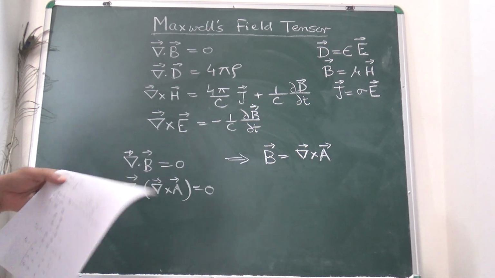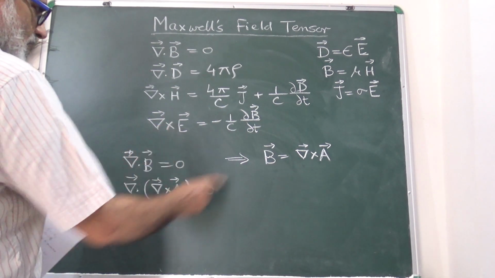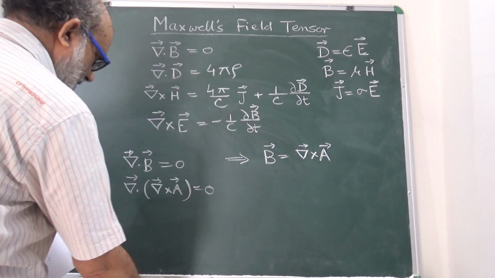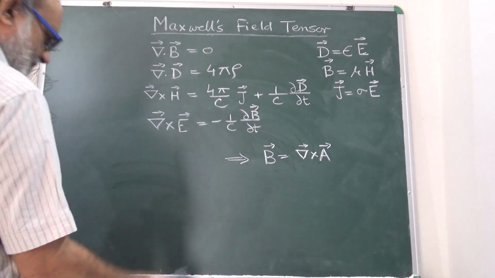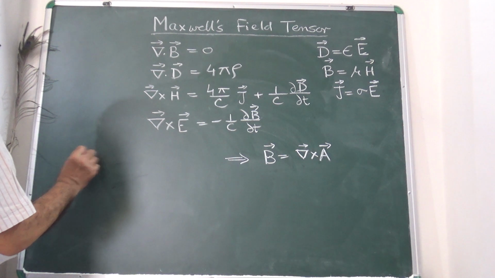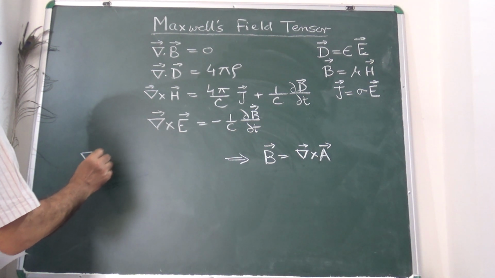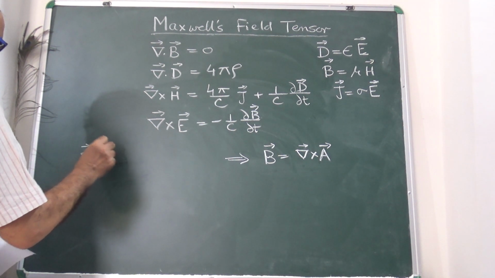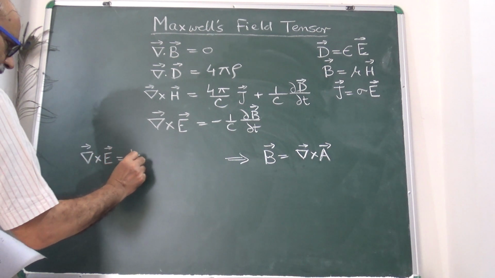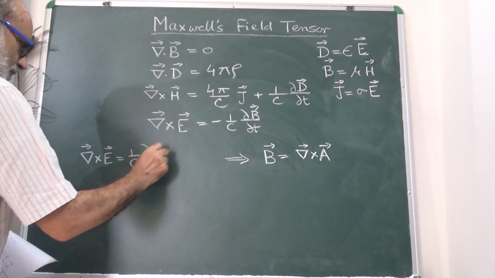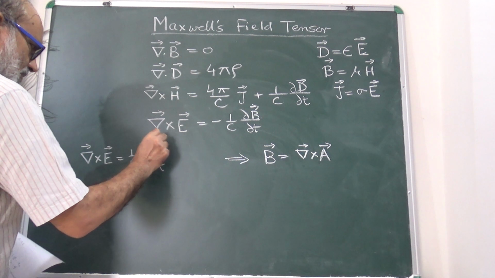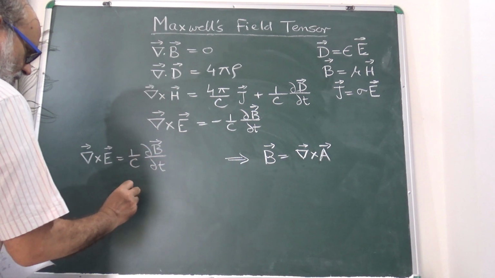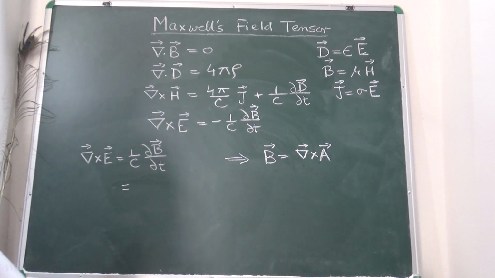Now in this equation, substitute the value of B and you will get curl of E equals minus 1 by c dB by dt. This is the fourth Maxwell's equation, also called Faraday's law of electromagnetic induction.